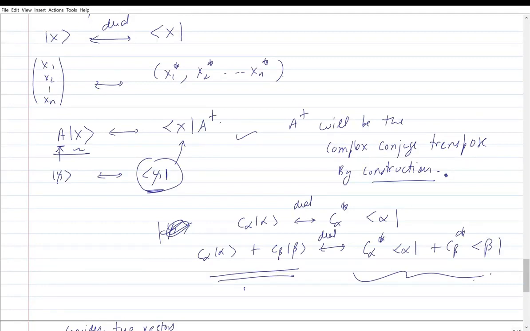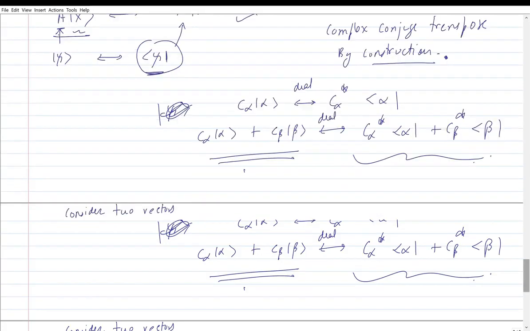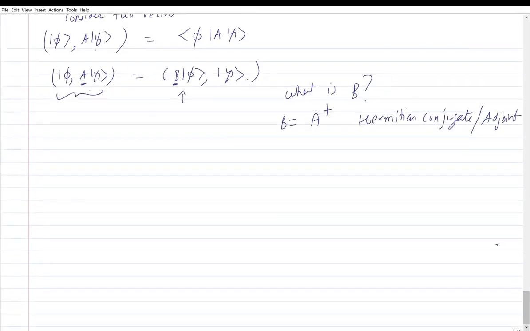Well, how do we show this? It's not very hard. This is the inner product which I represented by definition in bracket language, and I need an operator which is going to yield me the same inner product.